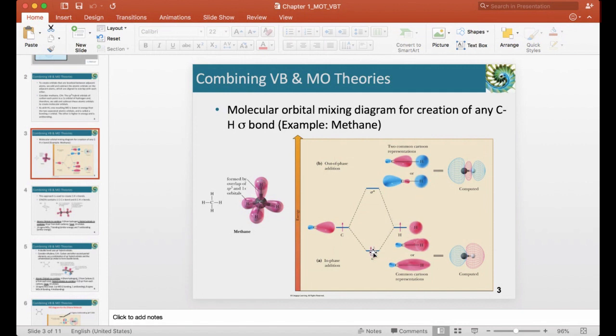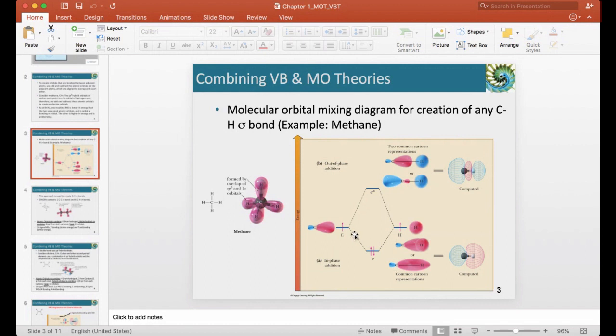Now, once we build the molecular orbital diagram, we think about how many electrons we have to place in the diagram. Carbon will be contributing to this bond with one electron and the hydrogen with another electron, for a total of 2. Therefore, those 2 electrons will be placed in the bonding molecular orbital, and that's it.